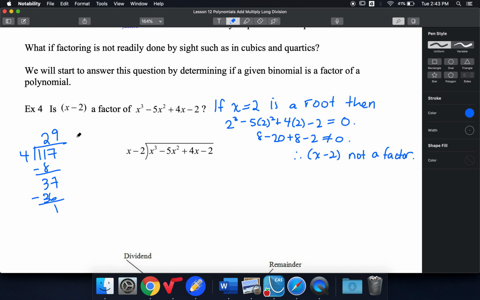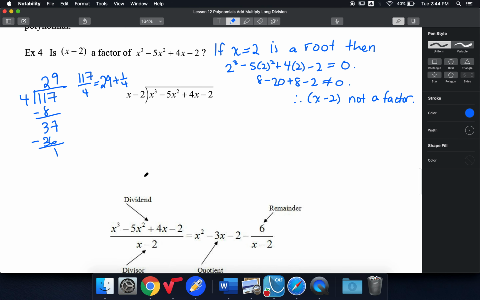So in the end, I say that 117 divided by 4 is equal to 29 and 1/4, because that's my remainder over my divisor. The "and 1/4" is like I've added my remainder over my divisor. Down here we have a little hint reminding you of vocabulary.